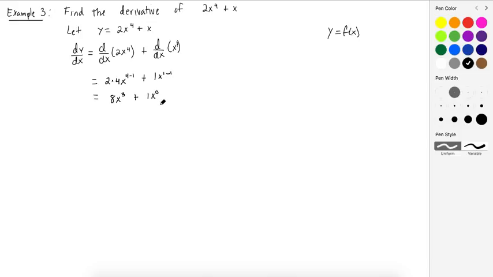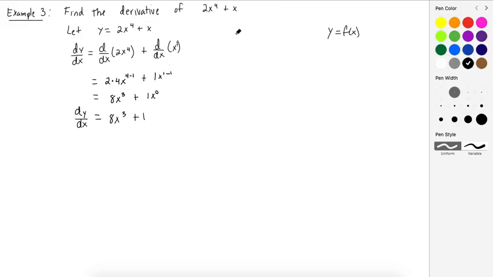We can simplify this a little bit further by realizing that anything to the power of 0 is 1. So what we're left with is that the derivative of y with respect to x is going to be 8x to the third plus 1.